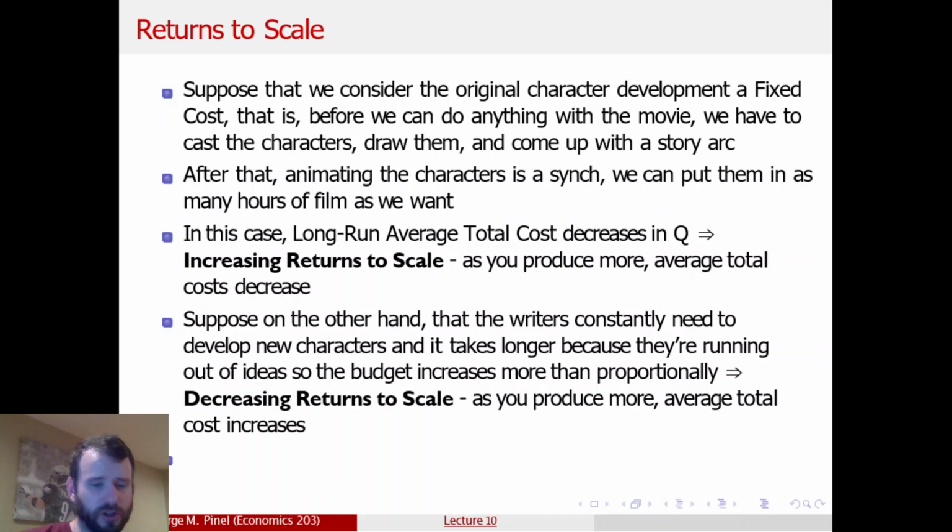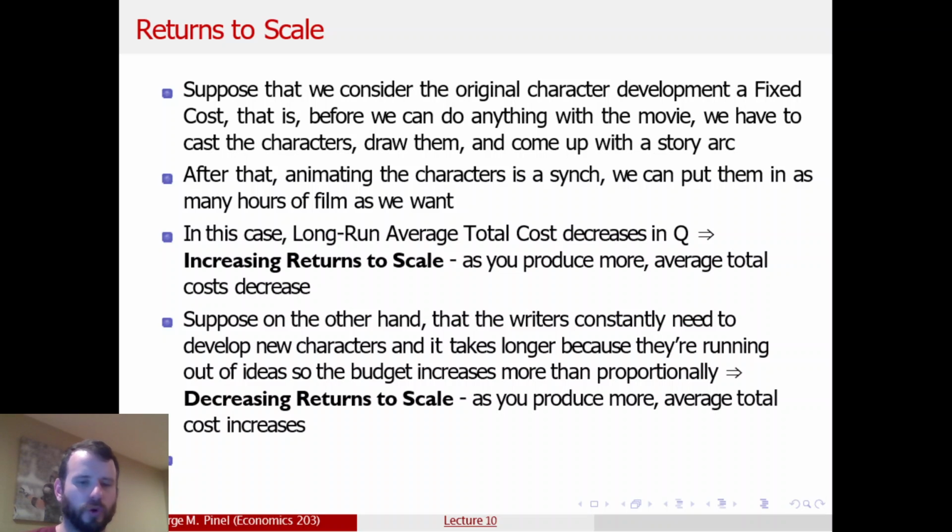So your average total cost for movie time is going to increase because you're running out of ideas as you write your script or whatever. So that's your decreasing returns to scale. An average total cost curve that is increasing as your quantity increases.